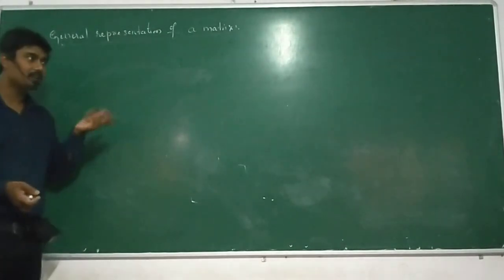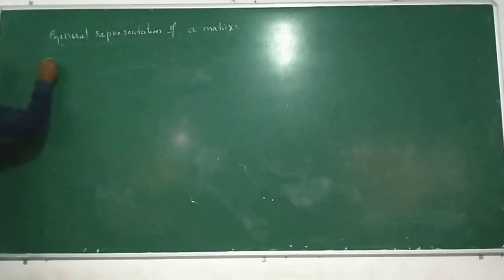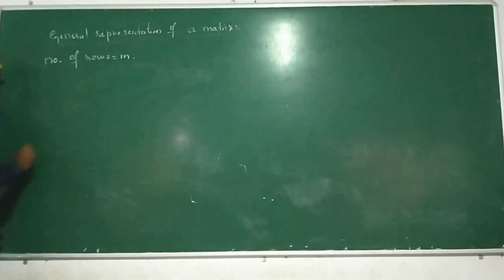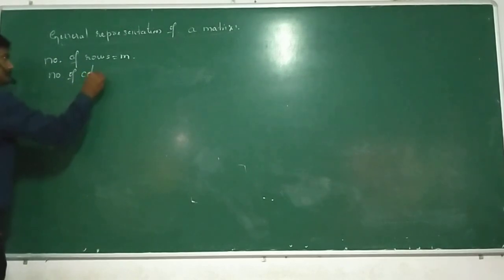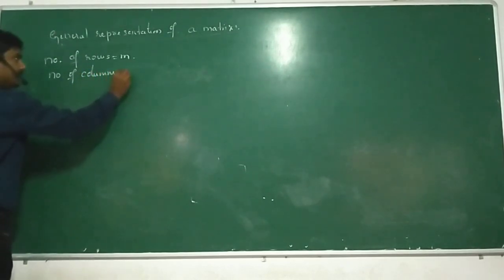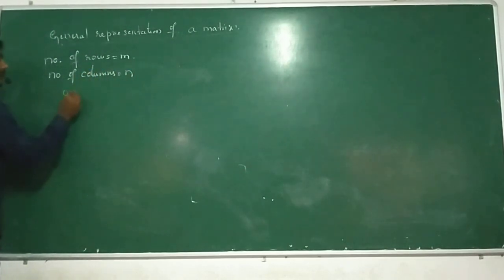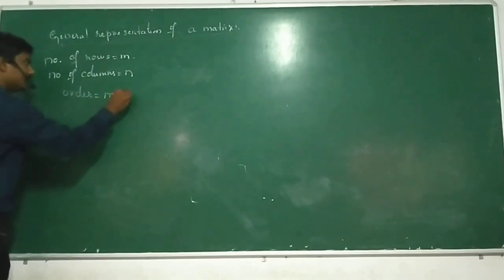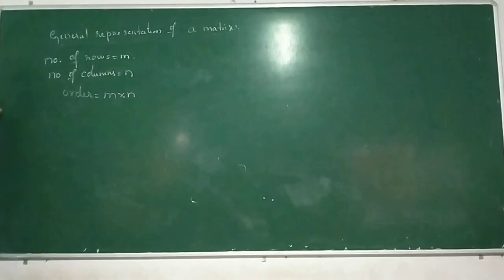When I say general representation of a matrix, we denote the number of rows by m, the number of columns by n. Then what will be the order of that matrix? The order of that matrix will be m by n.